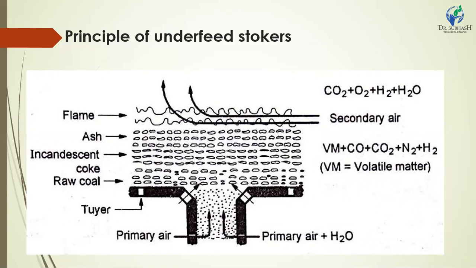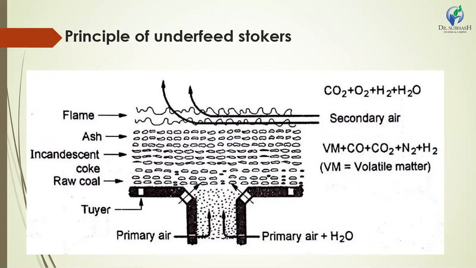It consists of distinct regions of air incidence, from top to bottom. Air enters through the holes in the grate where it comes in contact with the raw or green coal.